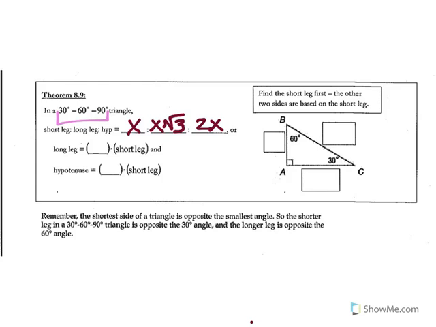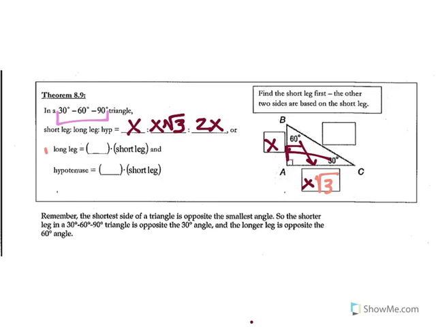So I'm going to fill it in on my picture. Across from the 30 degrees is my x. Across from my 60 degrees is my x radical 3. We put the radical 3 behind it. They're being multiplied together. That's just the prettiest form of it.